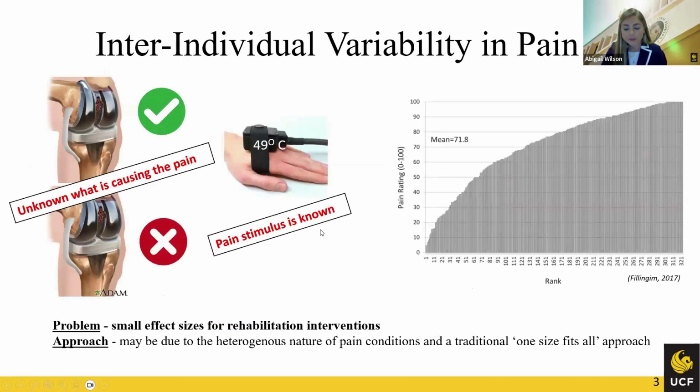So I want to begin by first just describing inter-individual variability in pain and giving you some clinical and laboratory examples of what this looks like. So in the clinical environment, I think a really good example is looking at patients who have had a total knee replacement.